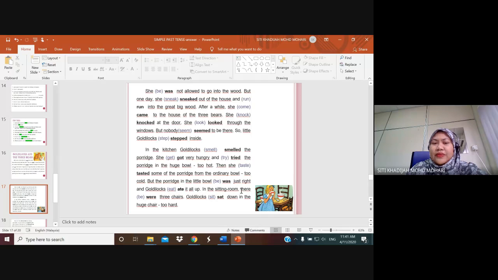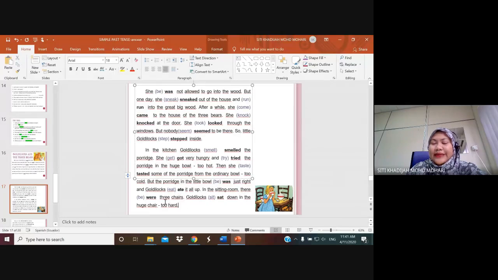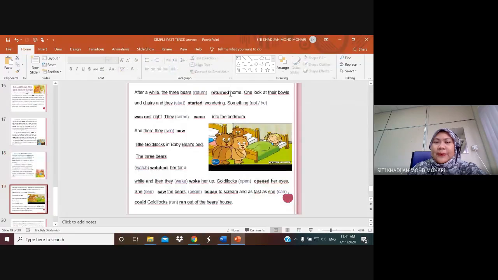In the sitting room, there were 3 chairs. Because we have 3 chairs, there were 3 chairs. Goldilocks sat down in the huge chair, too hard. After a while, the 3 bears returned home. They looked at their bowls and chairs, and they started wondering. Something was not right.